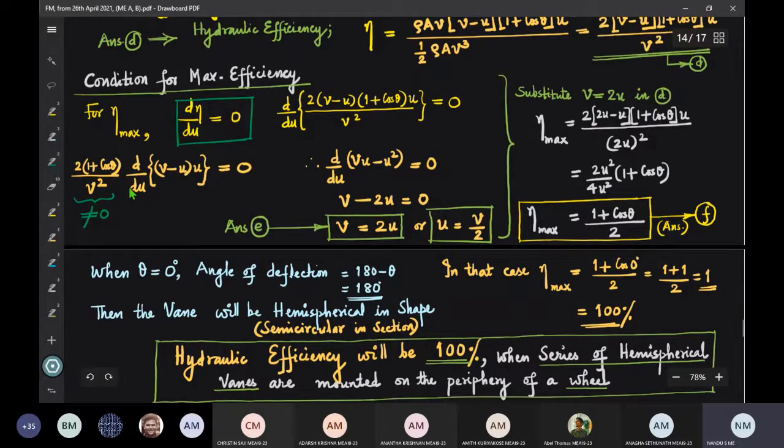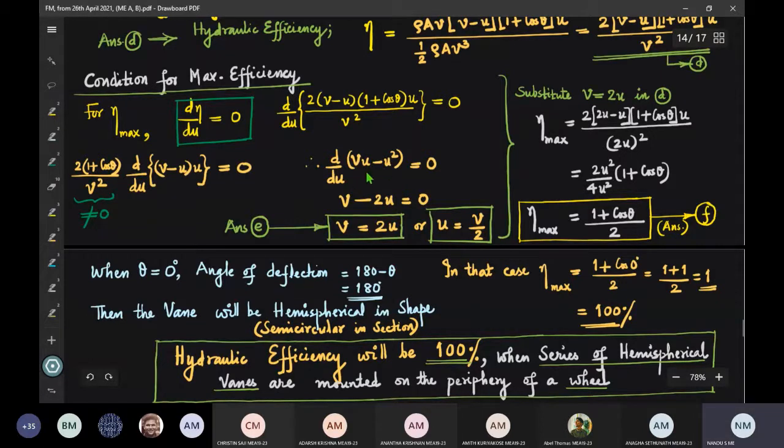Therefore the other term must be 0. What is that? d by dU of (V minus U) into U is equal to 0. When you open the bracket, VU minus U squared is the expression. You have to differentiate with respect to U.